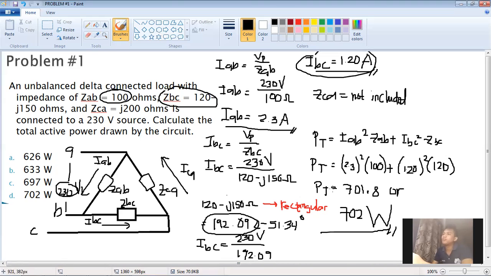The total power is 701.8, or 702 watts. So let's check if our answer is correct. The choices are 626 watts, 63 watts, 697 watts, and 702 watts. Upon calculation, our answer is 702 watts.